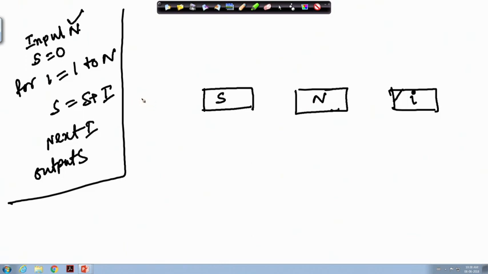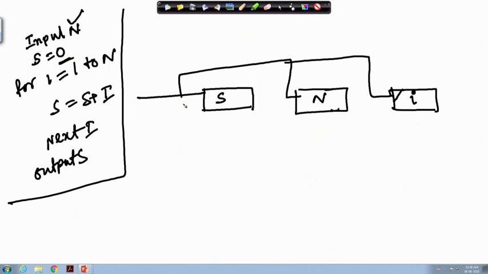What I require initially is a control signal for each of these registers. Initially S is 0, so this register will be cleared. For n, what I require is load.